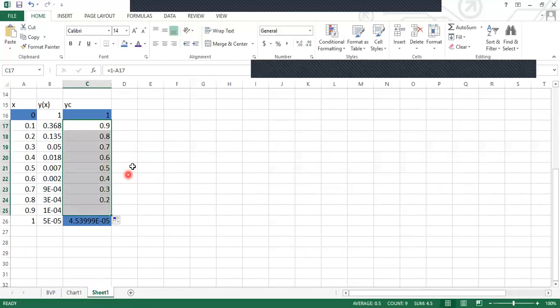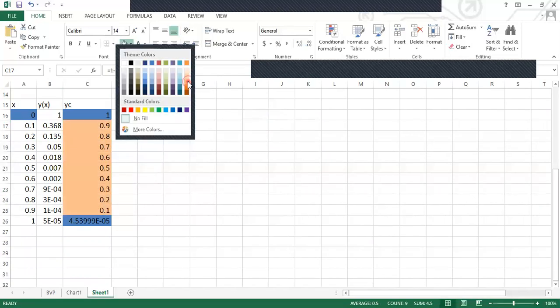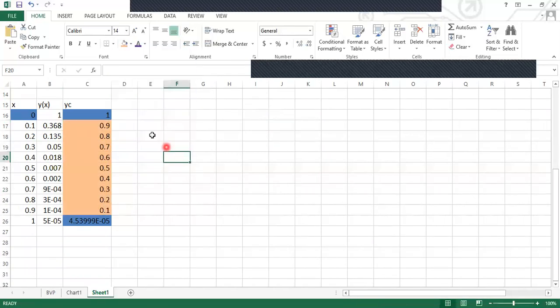So I have taken some guess values for the solution. So these are the guess values at iteration number 0, and yc1 at the first iteration. Let me see whether it works or not.